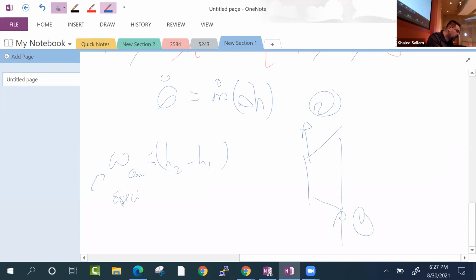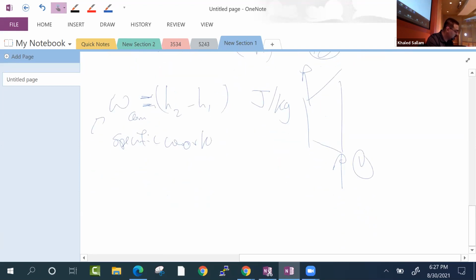Specific work. And why? Because it's missing the m dot. And what's the unit of this? H minus H, the unit is joule per kilogram, right? It's the same as the H.